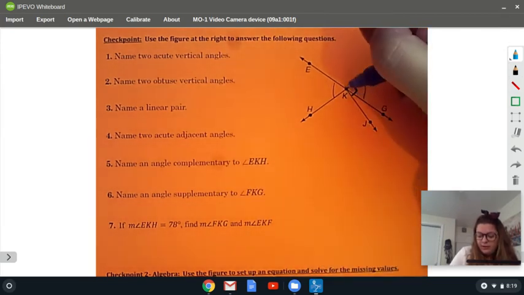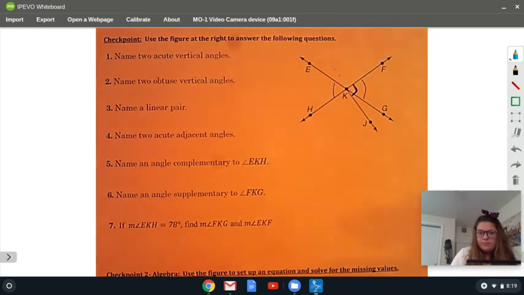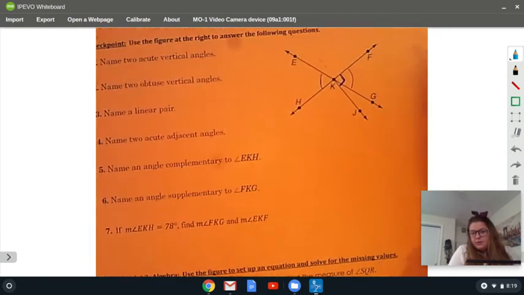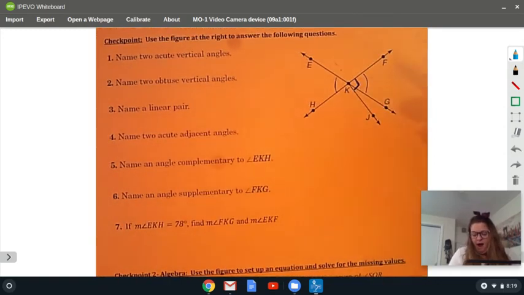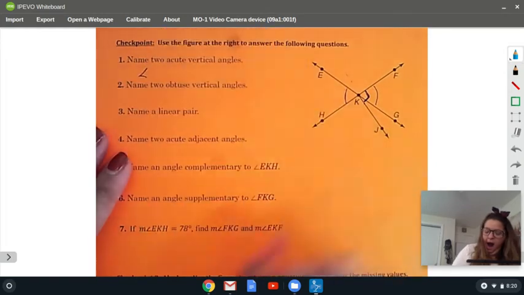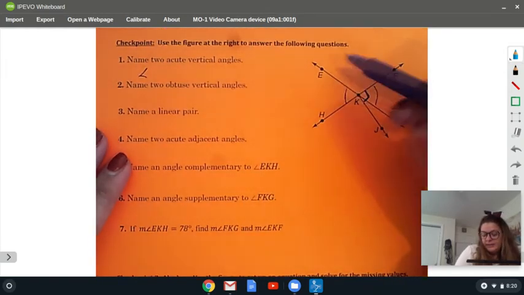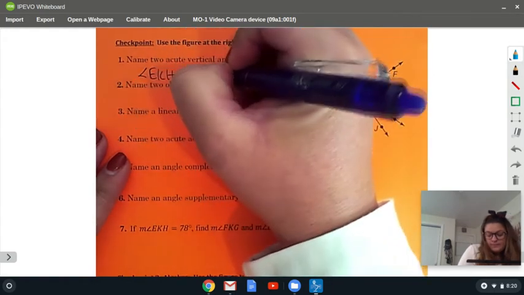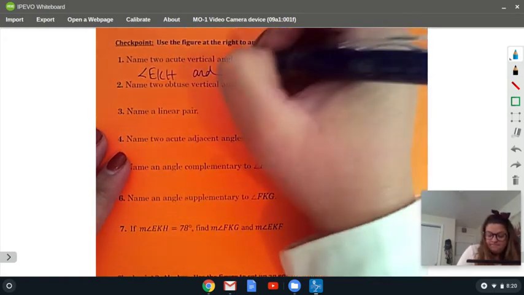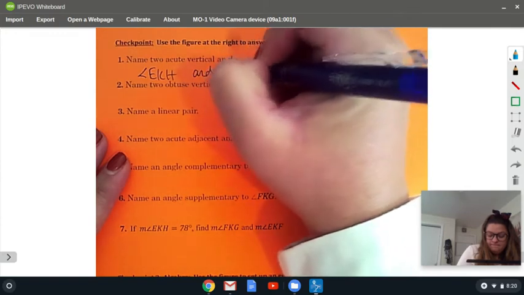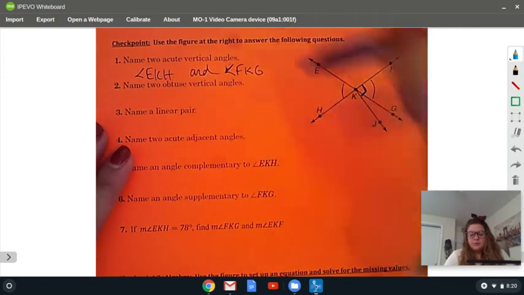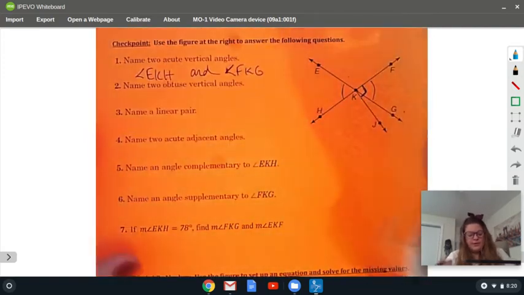This side, if I kept drawing it, would go over here, so that can't be part of the vertical angle. These are acute. They're less than 90. You especially know that because this is 90 here. So I'm going to name this angle EKH and FKG. Those are two acute vertical angles.